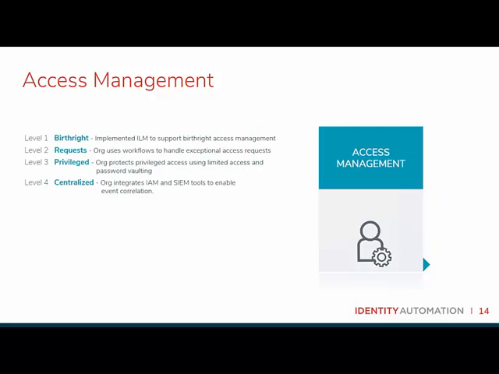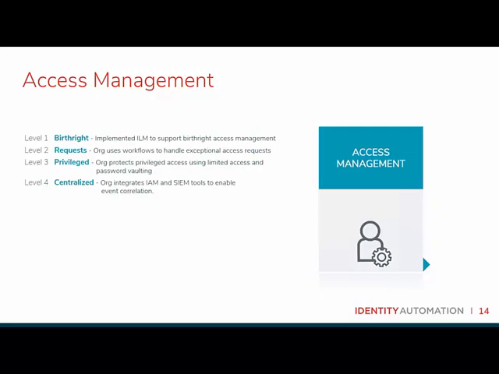As we move to level 1 though, this is where we focus on birthright access. So this level here assumes that there's already an engine. Dave just spoke about an engine supporting full lifecycle management across the ecosystem. So when we say full lifecycle, as Dave mentioned, there's much more than just onboarding. It's that onboarding process. It's that change that happens in the middle.